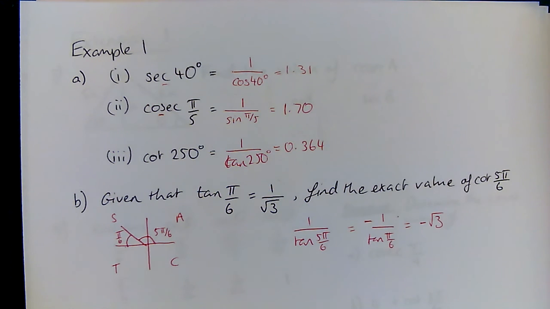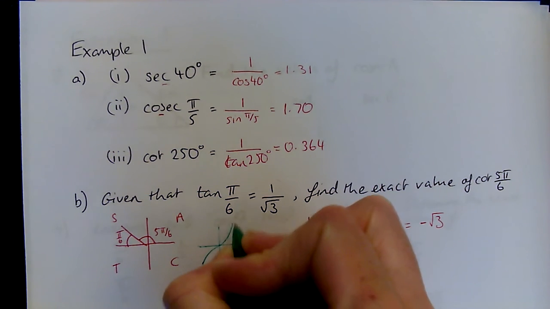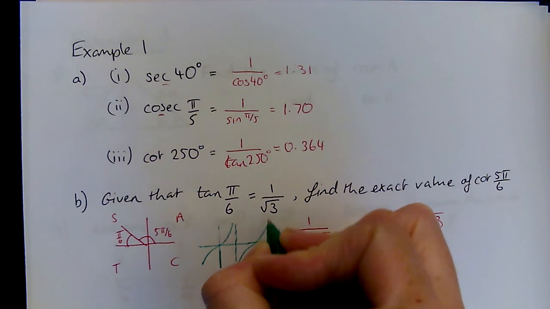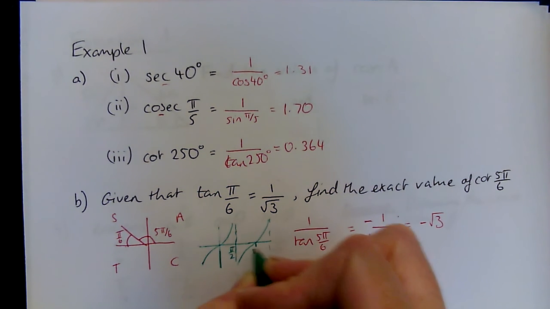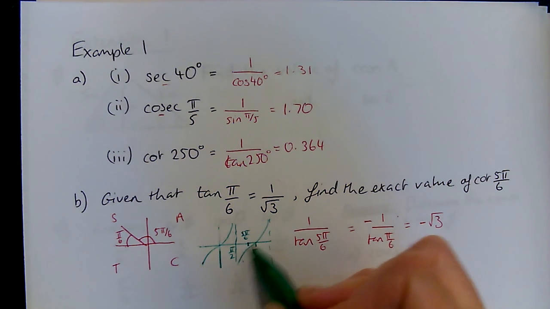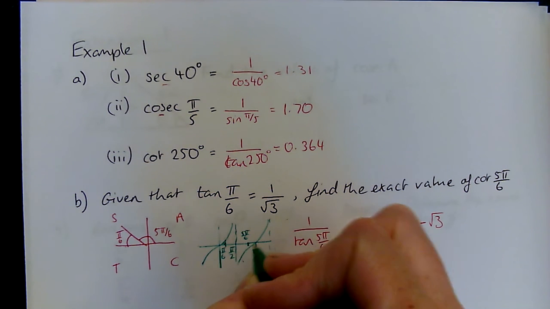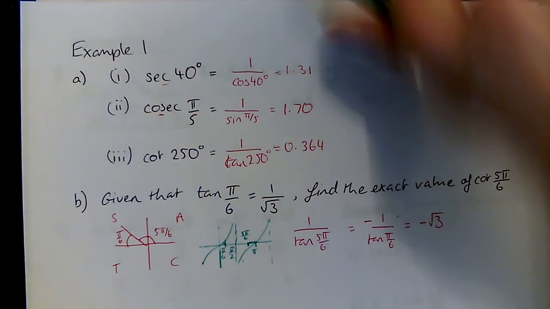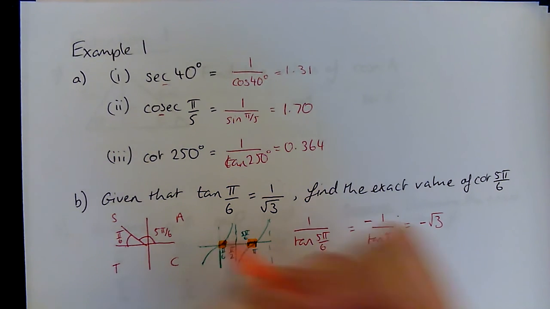If you prefer, you can draw the tan graph instead. So we'll just see how that works. If we drew the tan graph, here is pi over 2, here is pi, and so we know that 5 pi over 6 is going to be here, and that is showing us that tan is negative, but pi over 6 is here, which shows us that tan is positive, and it's the same distance from pi as pi over 6 is from 0.